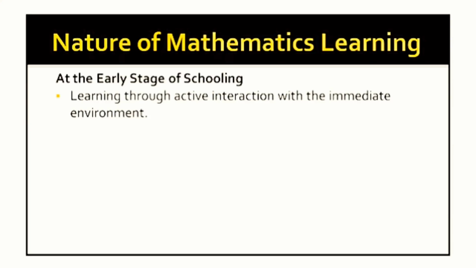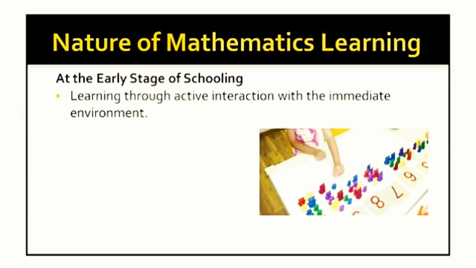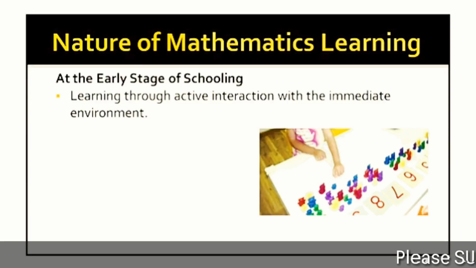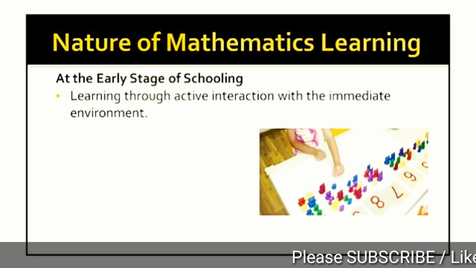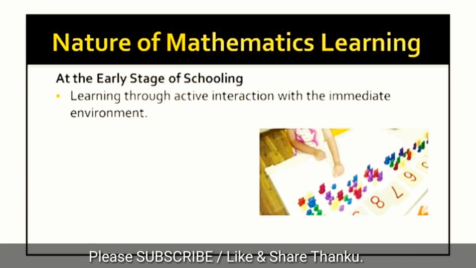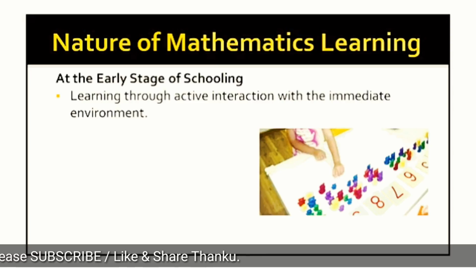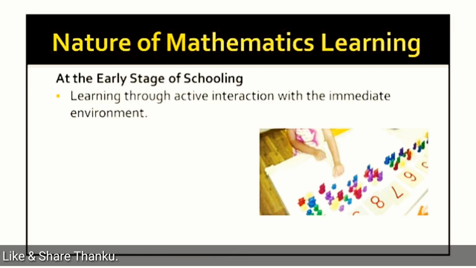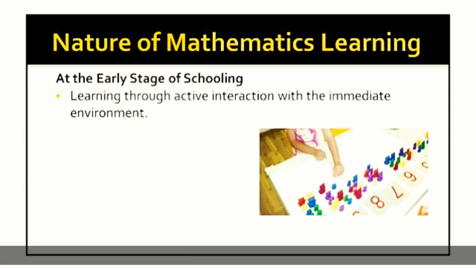In order to answer this question, we should know that at the early stage of schooling, it is very important that the student is involved in the process of learning and is actively interacting with the immediate environment. For example, in this image, you can see that rather than just teaching numbers 1, 2, 3, 4 to a learner, we give them objects so that he can relate the number concept with the objects.